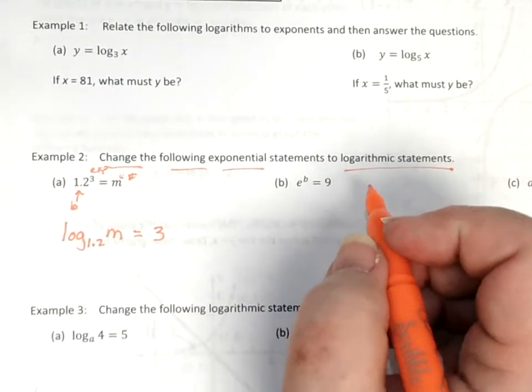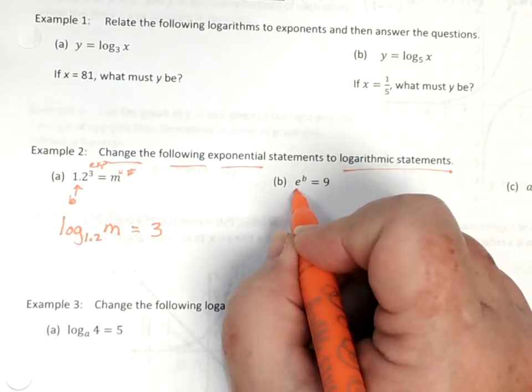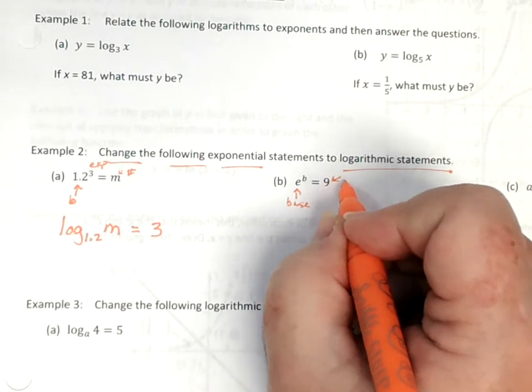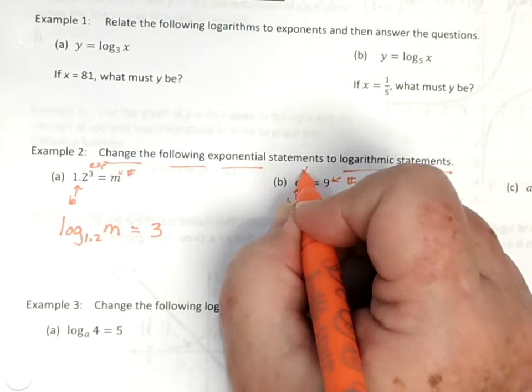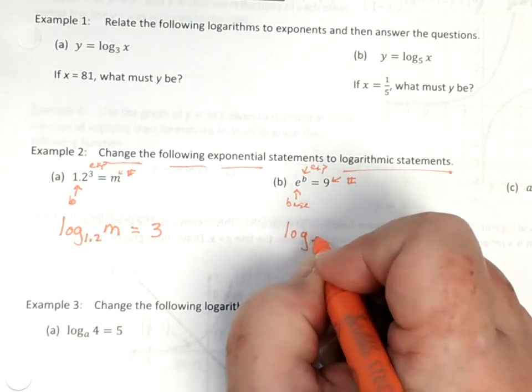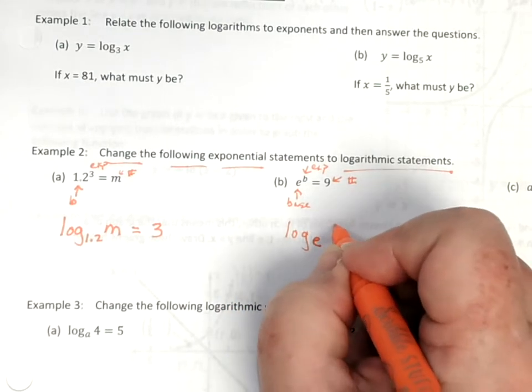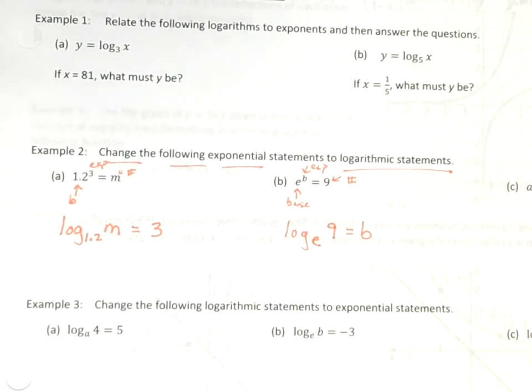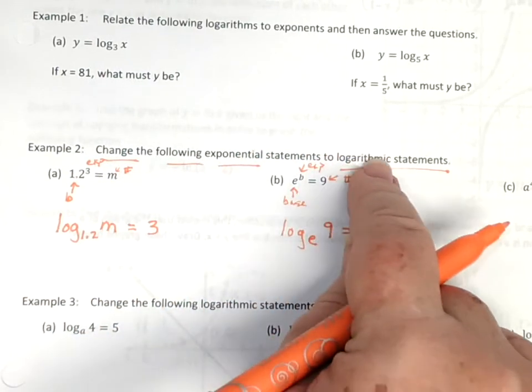Let's take a look at this one. What's the base? The base is e, the number is 9, and the exponent is the letter b. So I'm going to write log base e of the number 9 is equal to b. And now we have converted from exponential to logarithmic.